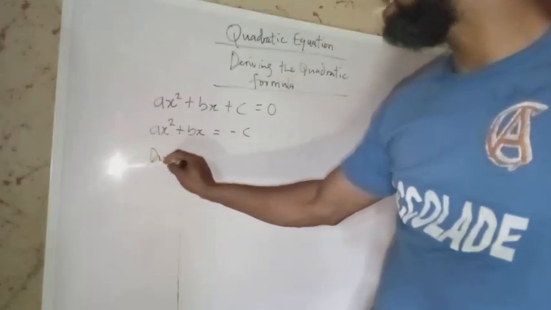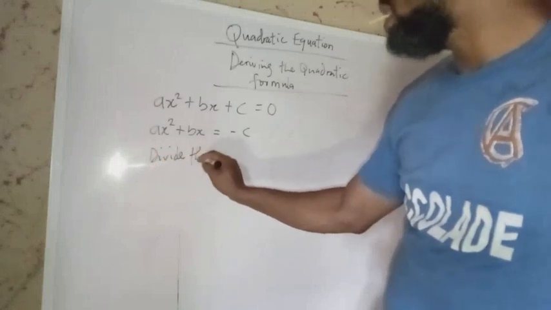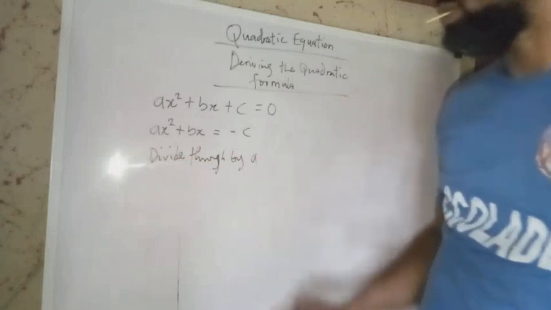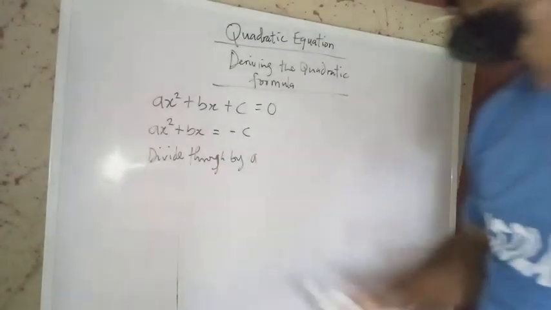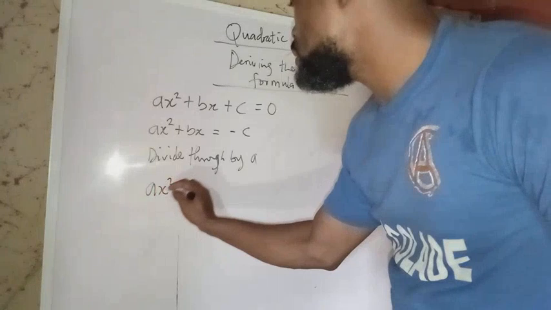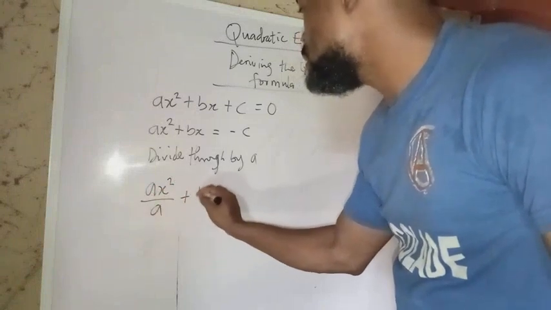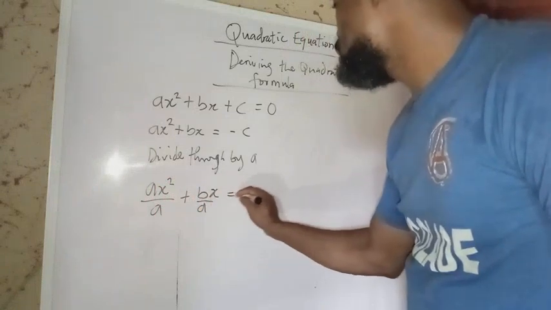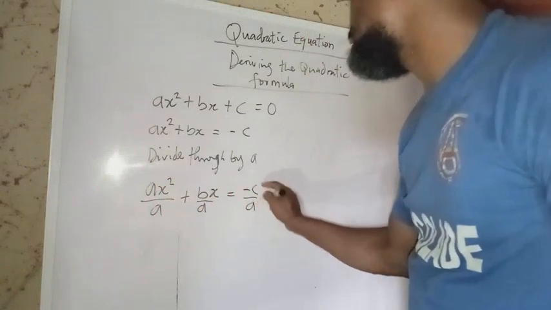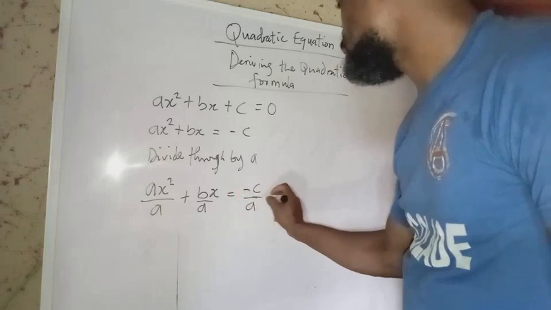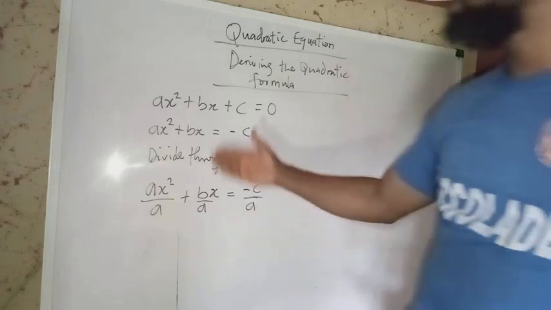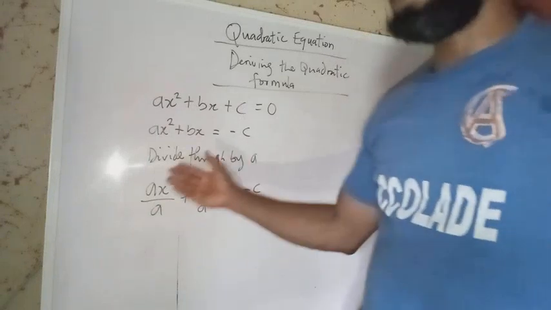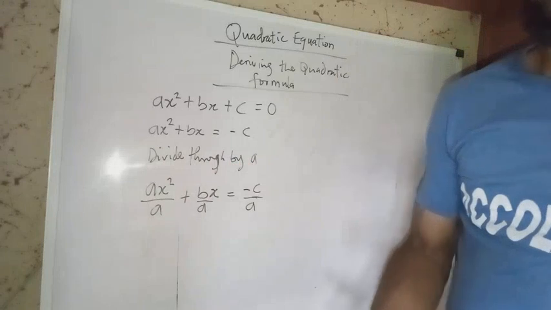Then I'll divide through by a, and when I do that, I'll have ax squared over a plus bx over a equals minus c over a. I can do the division first before the rearrangement. It does not matter, but you can stick to this method in order not to get confused.